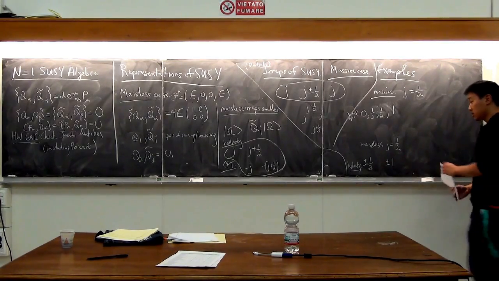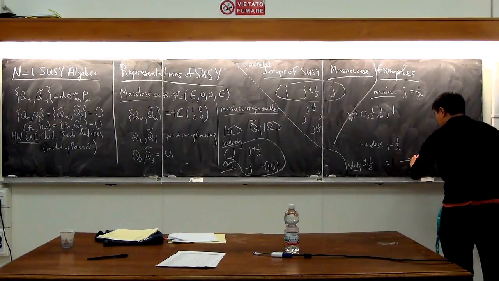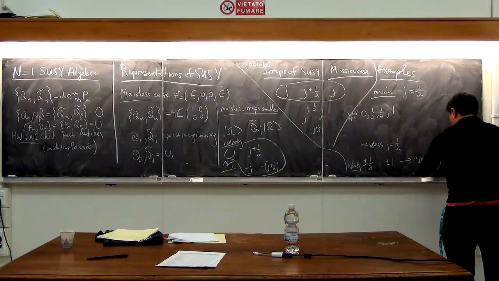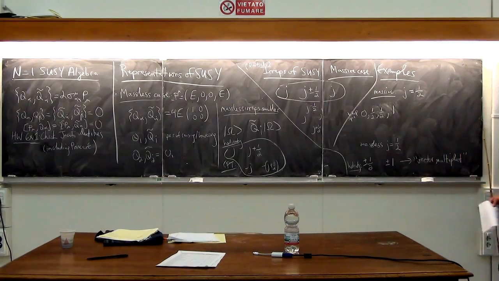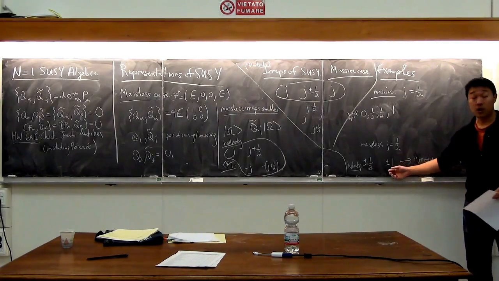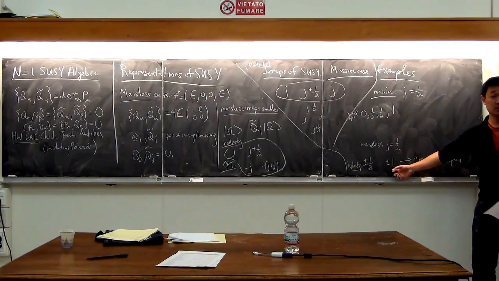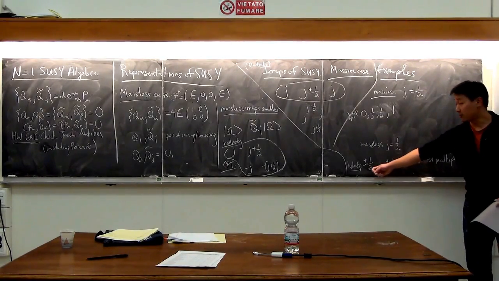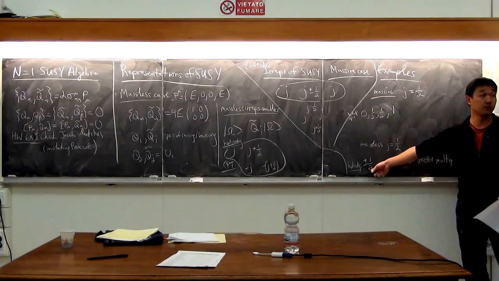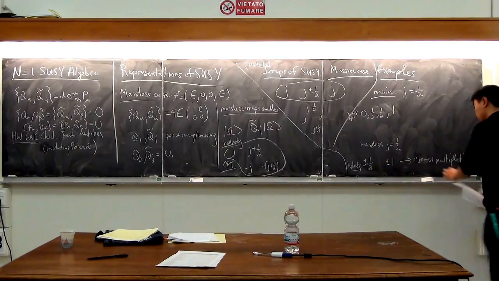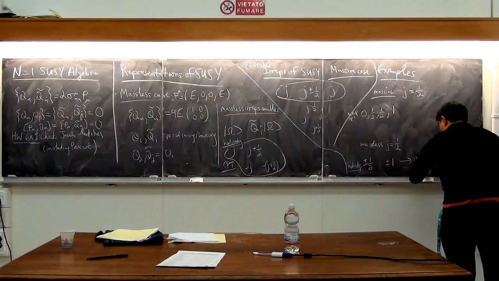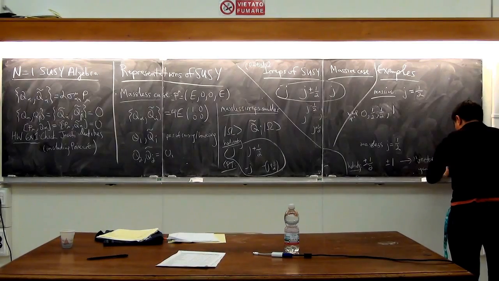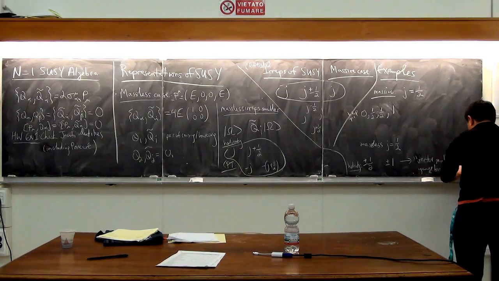Okay, so this has the right matter content to, so first of all, this is called the vector multiplet. And it has the right degrees of freedom to describe a massless gauge boson, with its 2 polarization states, and the friend, which is called the gaugino. Okay, so this is a gauge boson plus gaugino.